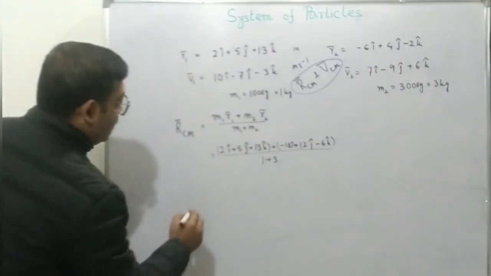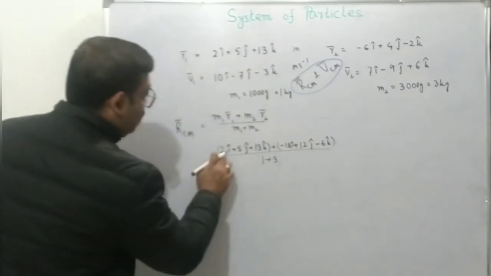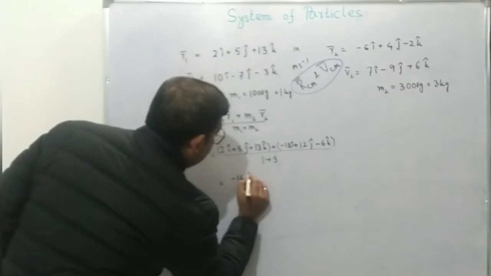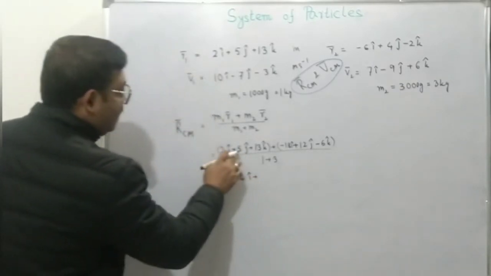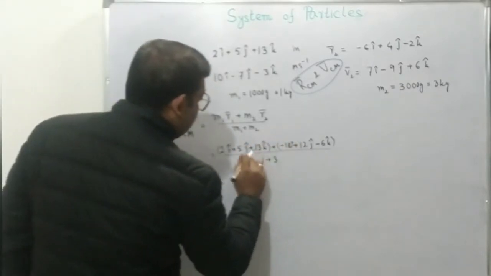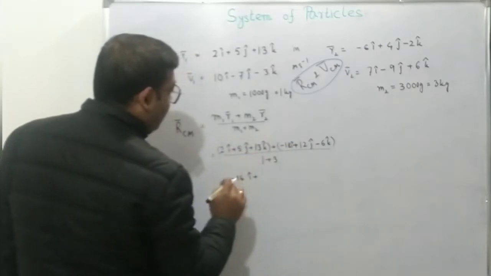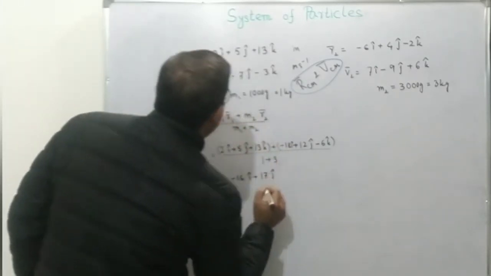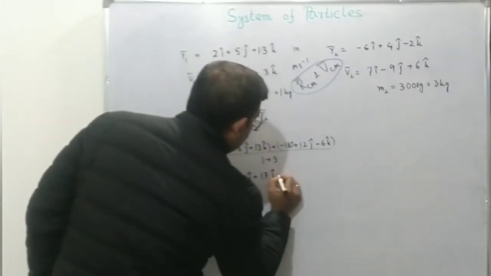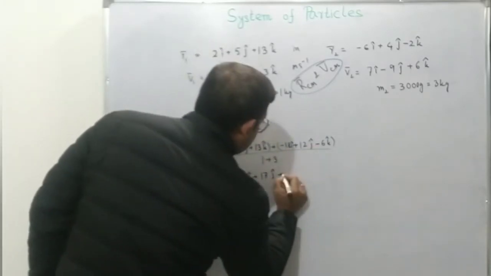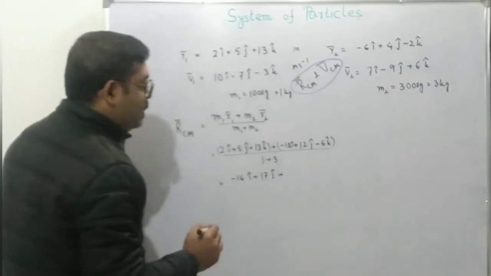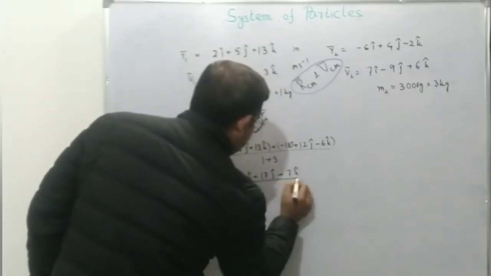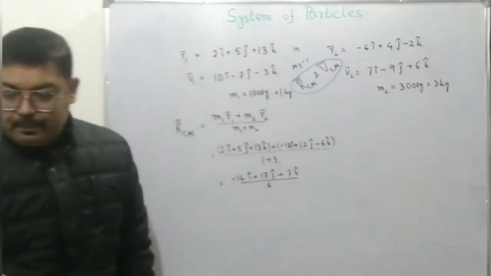So if we simplify this, what do we get? 2 minus 18, that is minus 16 i cap, plus 12 plus 5, 17 j cap, plus 13 minus 6, that is 7 k cap, whole thing divided by 4.